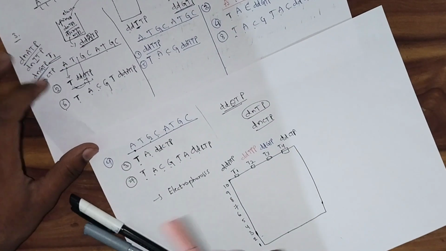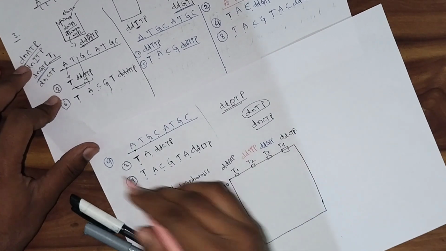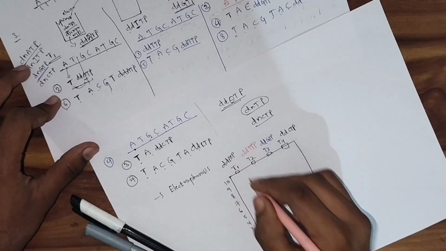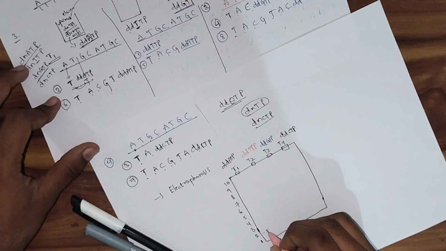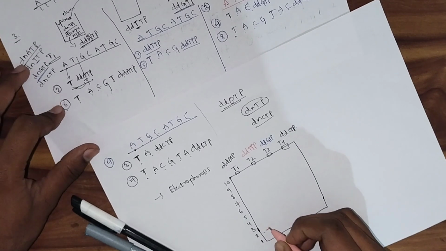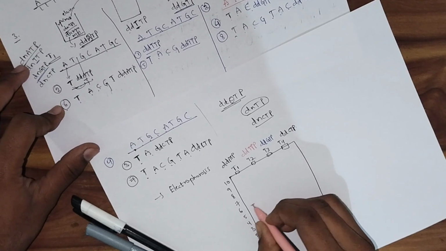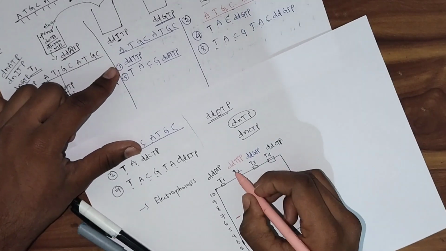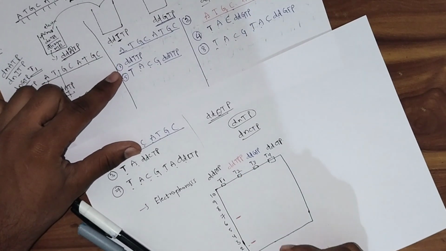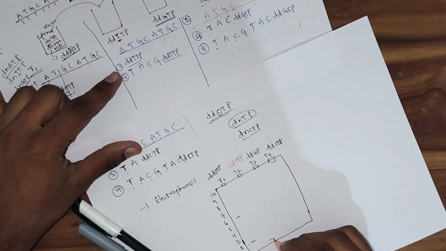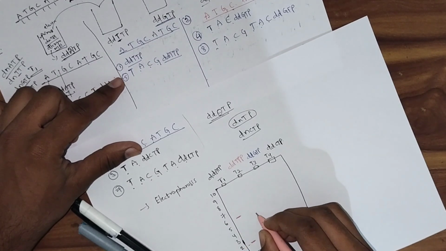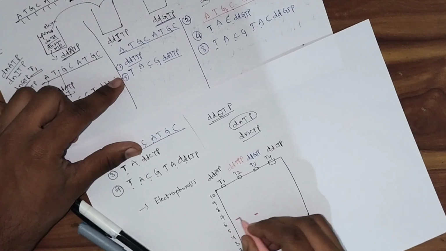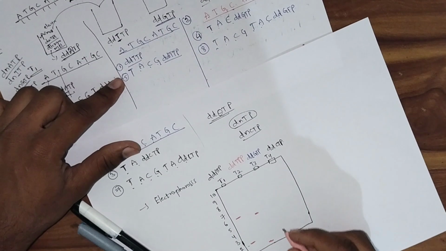So what are the numbers that occurred in tube 1? 2 and 6. In tube 2, with dideoxy TTP, it will be 1 and 5.